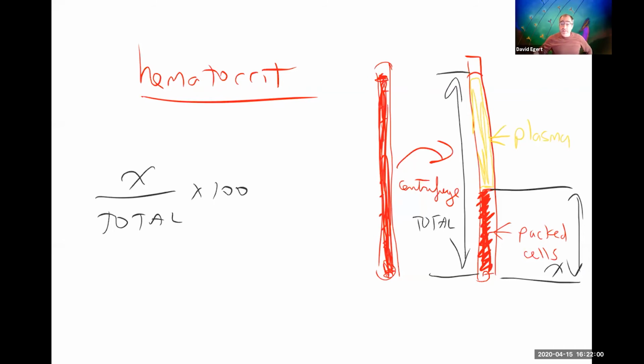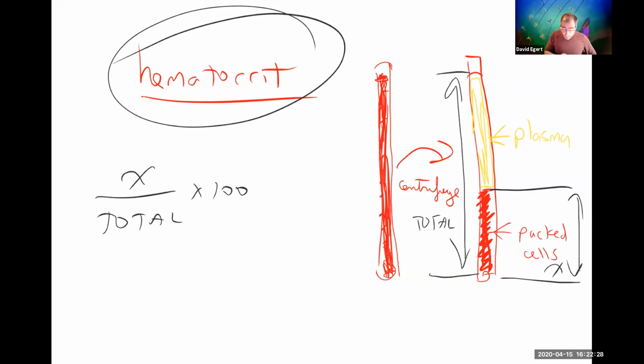It's just this ratio, how much cells to overall volume. On average it's around 45, but it changes. Normal ranges anywhere from the high 30s to the low 50s. It's different in men versus women as well. We'll talk about that when we get to lab, but this is just to introduce the idea.